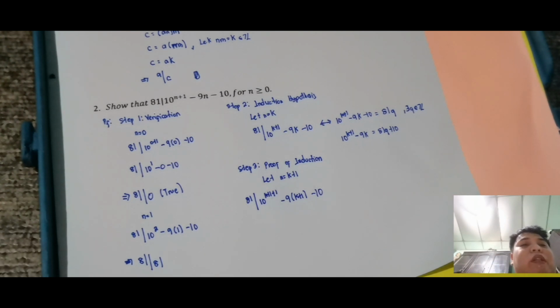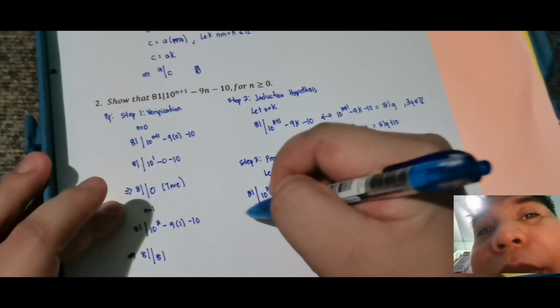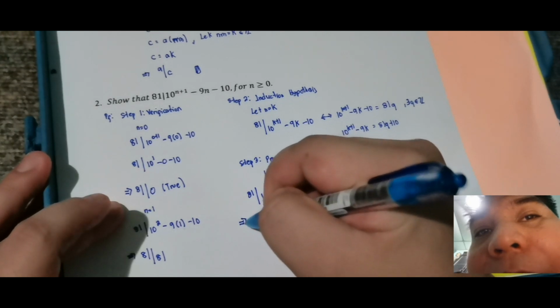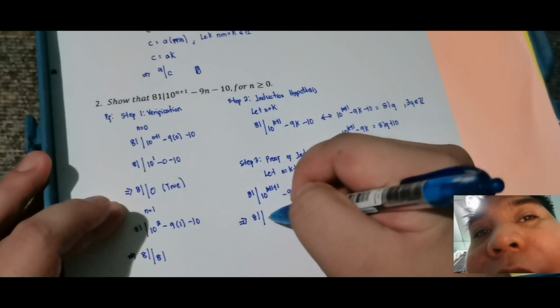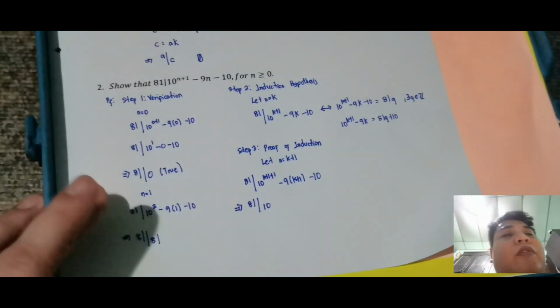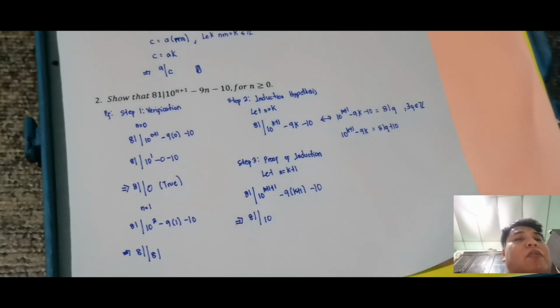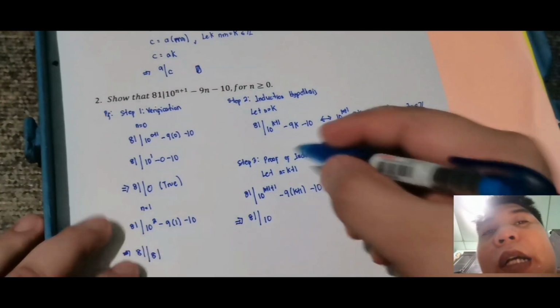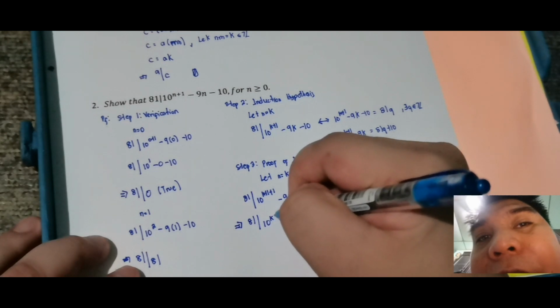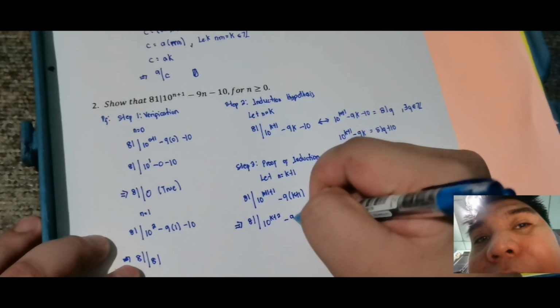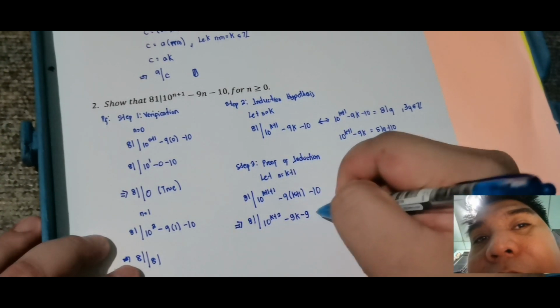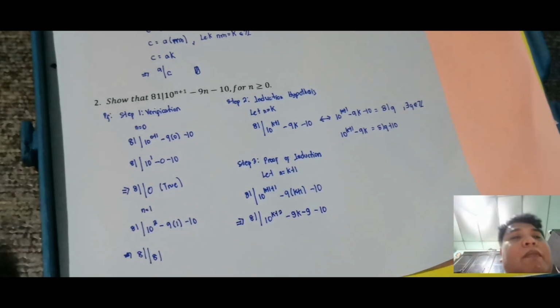May common factor, that is 9k. Wait, check ko. That is 81 divides something na yan. Okay, so this implies 81 divides 10 raised to k plus 2 minus 9k minus 9 minus 10.